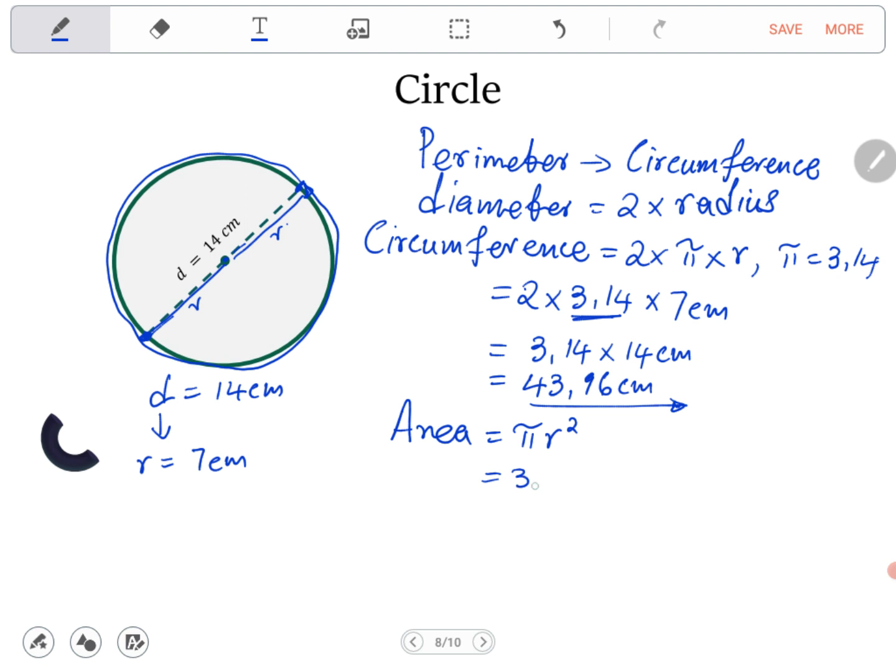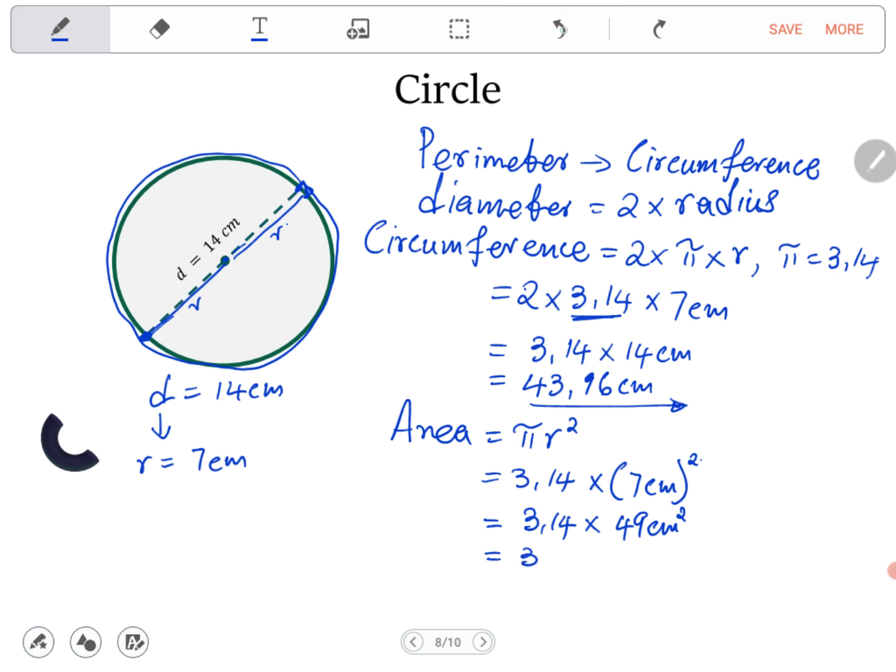All right, and now the area of a circle is given by pi r squared. So we'll have 3,14 times the radius, which will be 7 centimeters, and we square it. So 3,14 multiplied by 7 squared will give us 49 centimeters squared, and we will have 3,14.